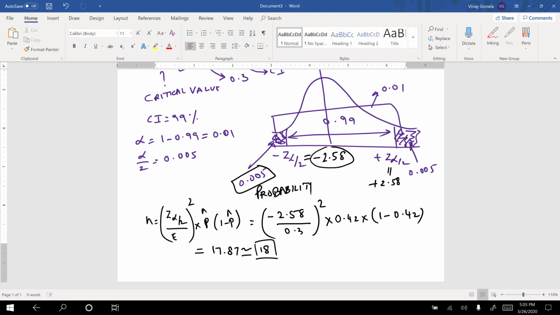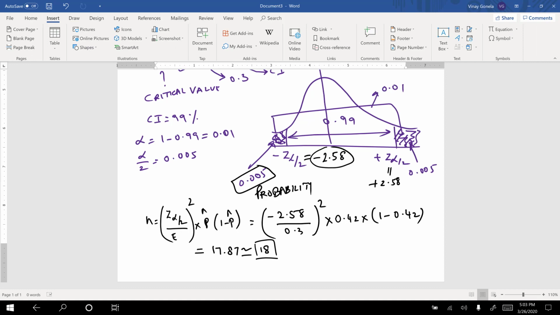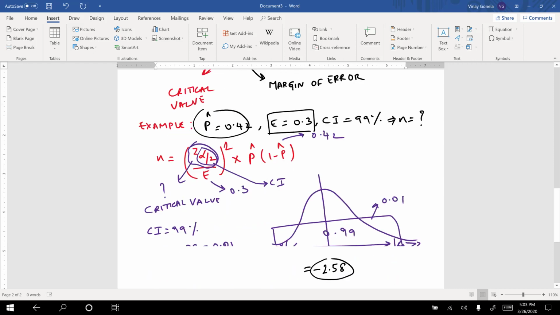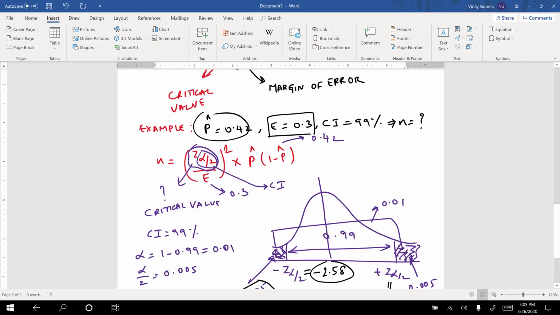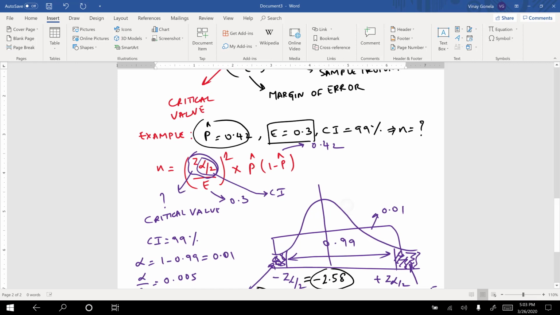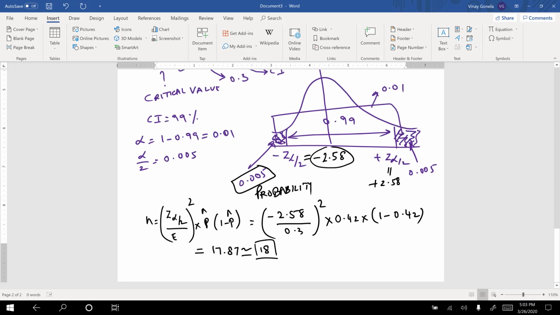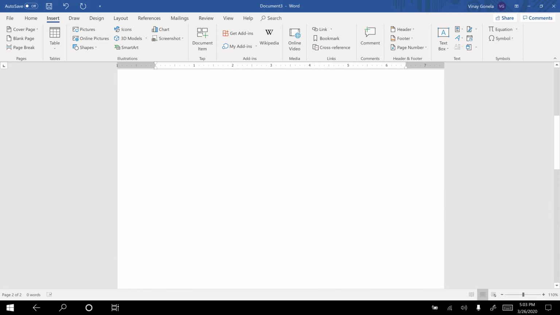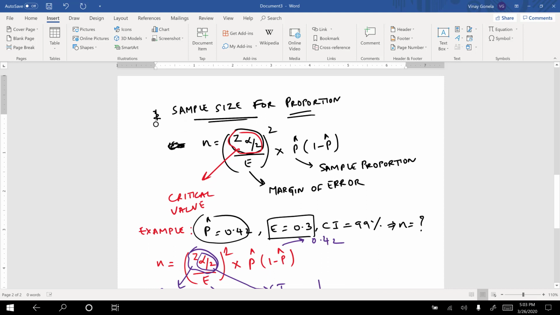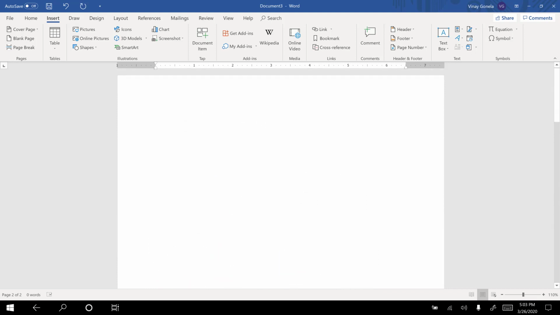So let's again solve this problem by using calculation aids. So let me check. What are our values? We have a p hat of 0.42. We are using calculation aid.